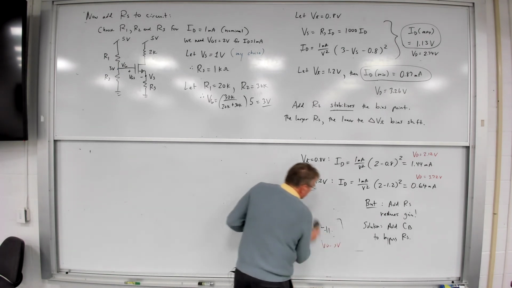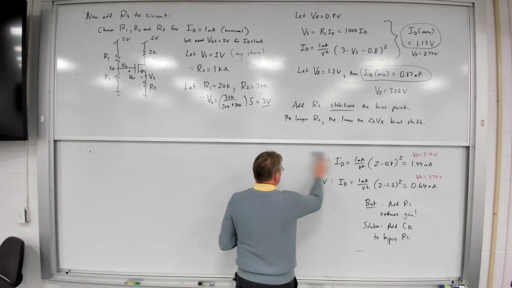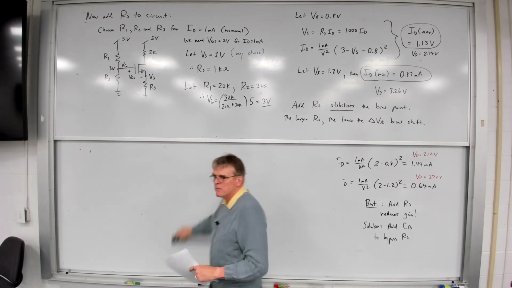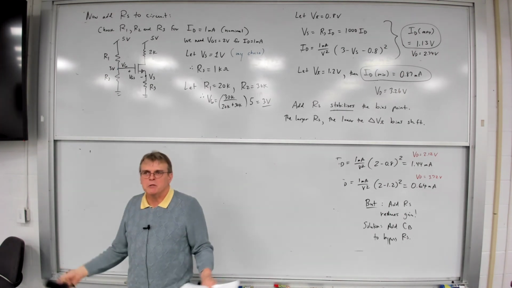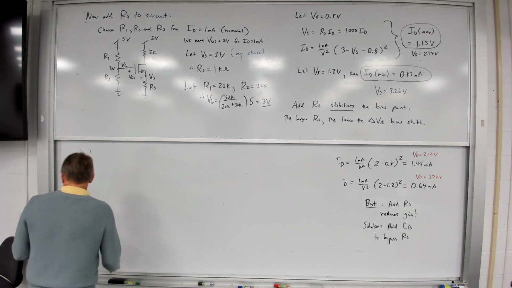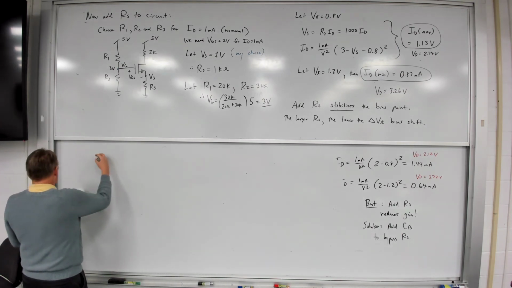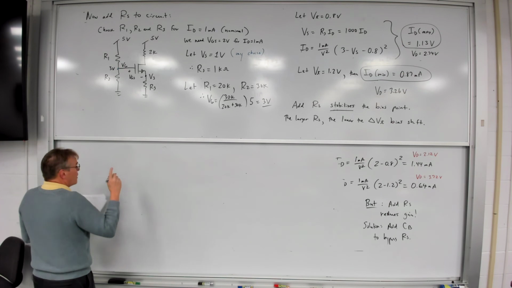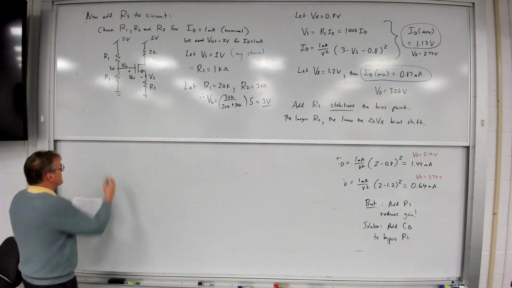But I do advise you to read the book because the book goes into more detail about different types of biasing schemes. I'm just showing you the most common. There are several different schemes you can do, but there is one that you do find used, and this is gate-drain resistor biasing.